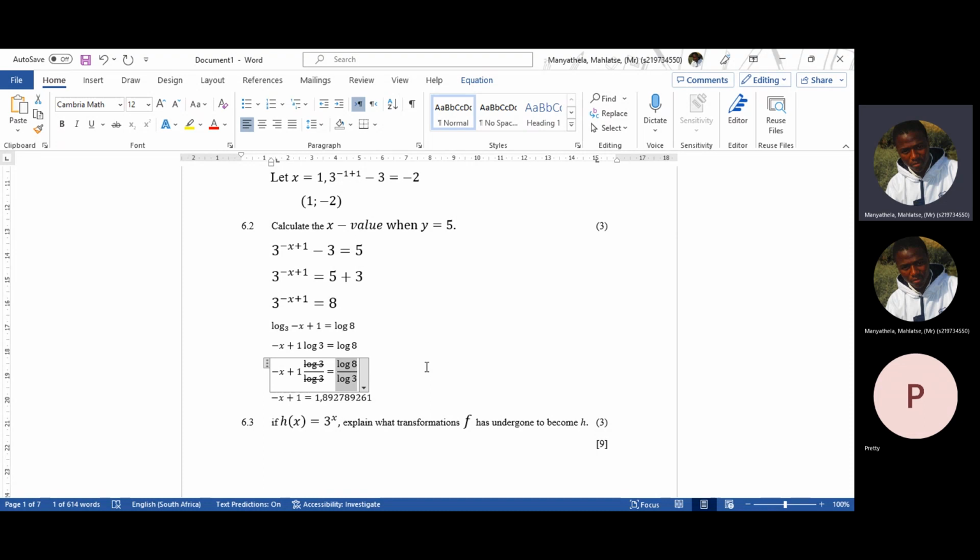It will reset. Then AC to cancel and start again. Log 8 over log 3. Don't forget to use brackets, because when you press log on its own, it opens a bracket.